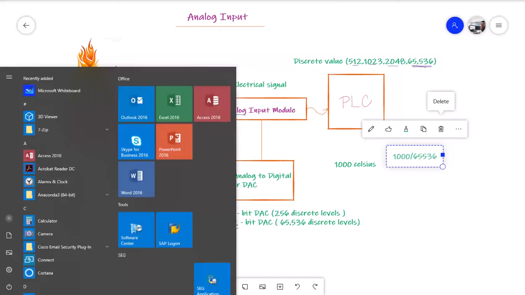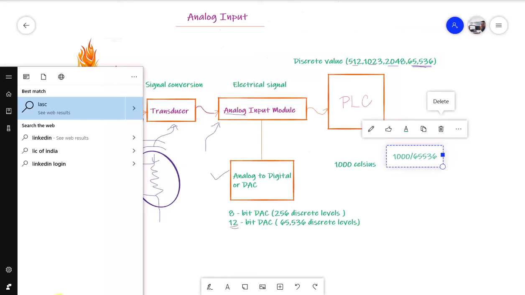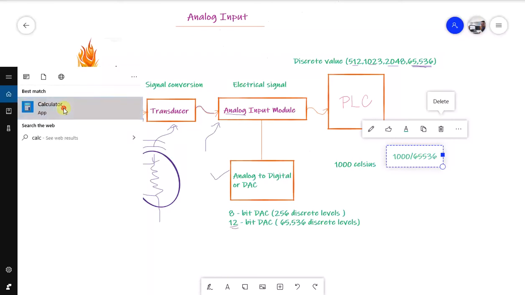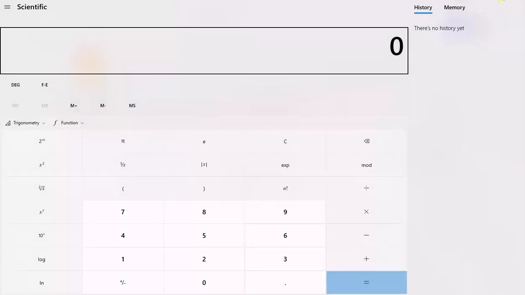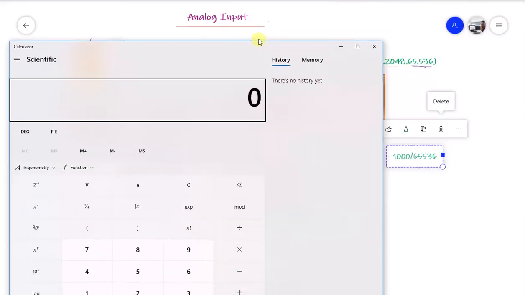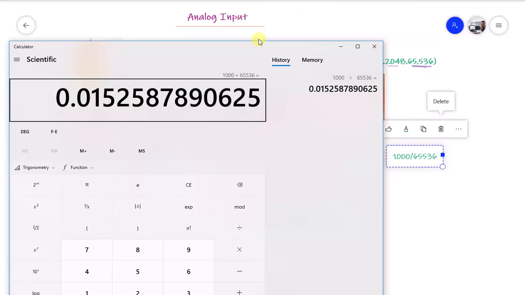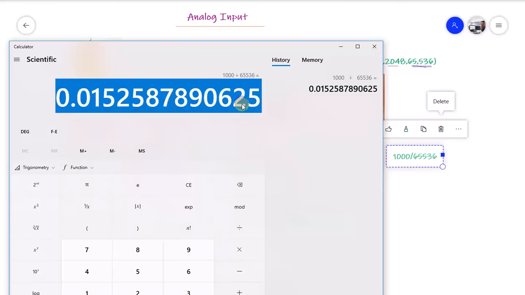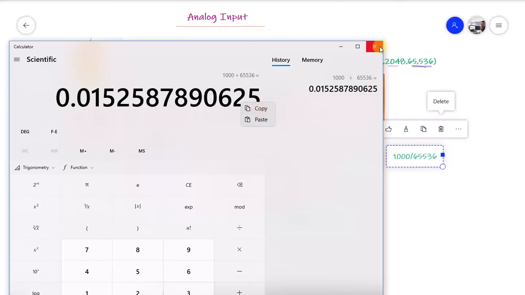Let's calculate it with the calculator here. For example, 1000 degrees Celsius, 65,536. So 0.01 degree can be read. See, this is the value. This is the smallest value which you can read.